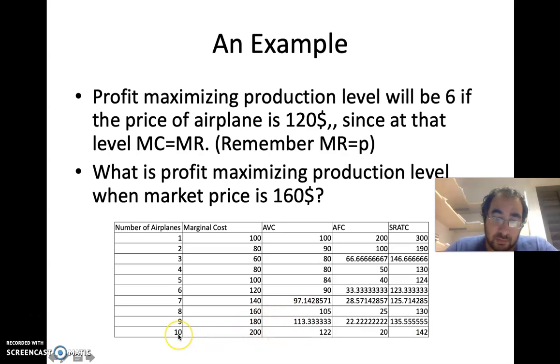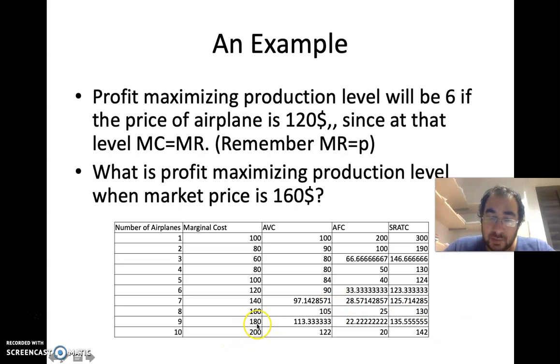So at production level 10, actually the costs are still on average below the revenues, but producing this additional 10th unit will bring 200 units of cost and 180 units of revenue, which means a minus 20 loss.